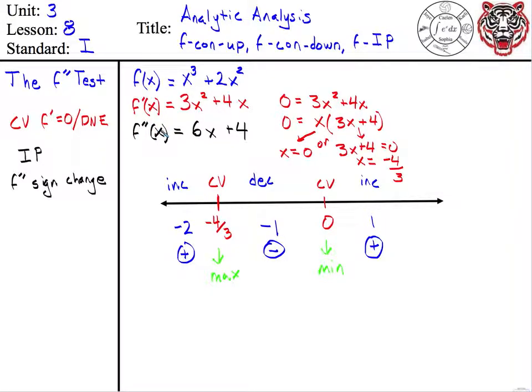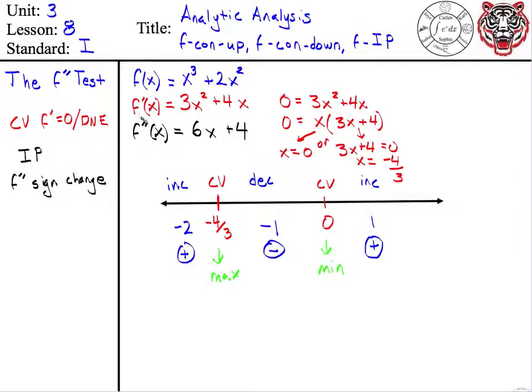All right. So F double prime sign change. There's only two possibilities that can give us a sign change. What happens at F double prime that can give us a sign change? The concavity changes. So yes, that is the right idea. But maybe I should ask this question a little bit differently. So up here, when we had a relative extrema, what did F prime have to be?